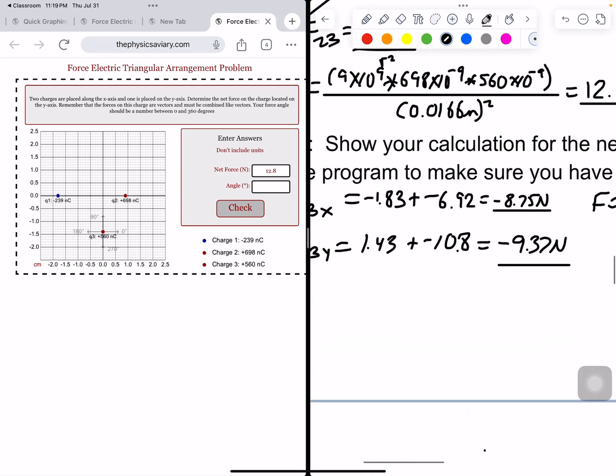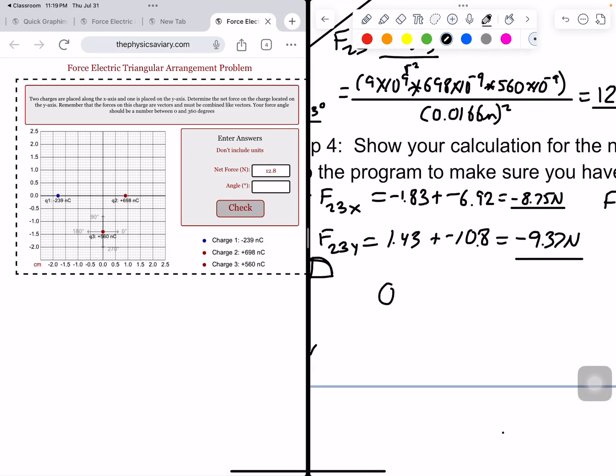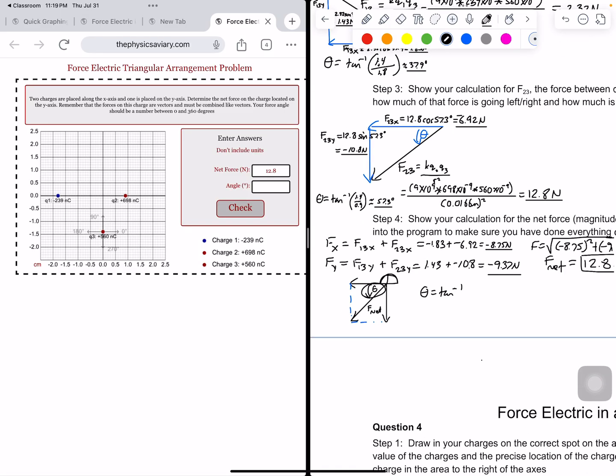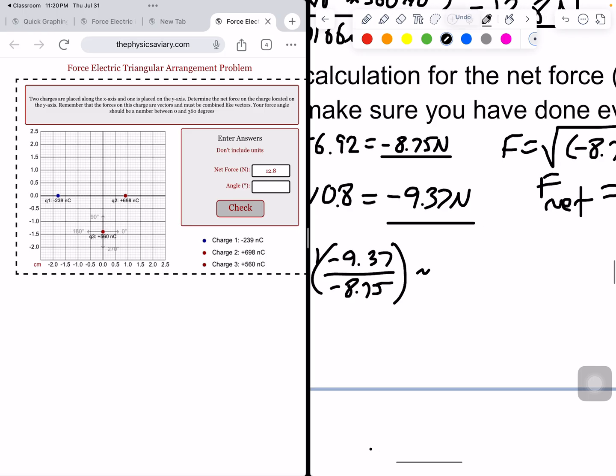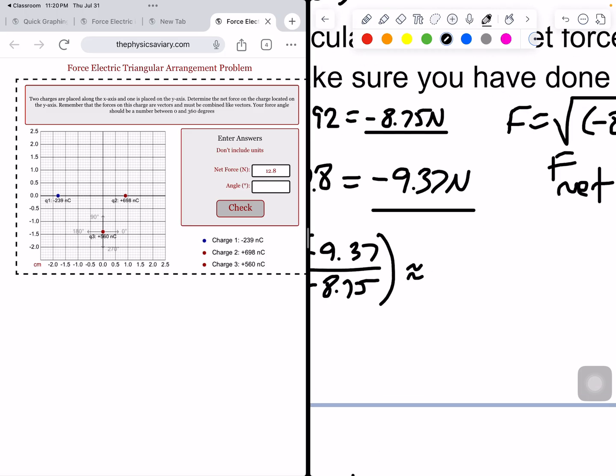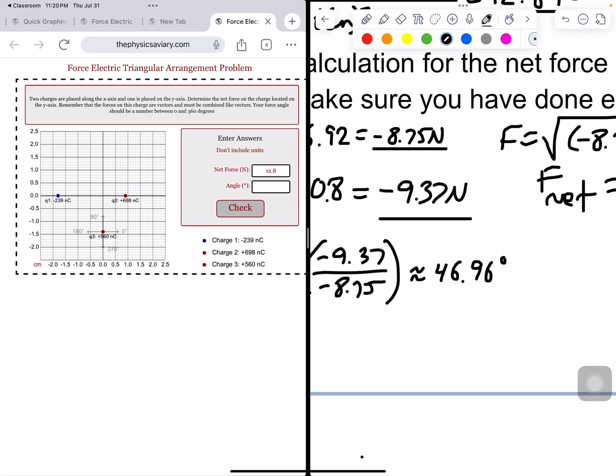To get the direction, we're using the arctan formula again. So it is the arctan of the y component, negative 9.37, over the x component, negative 8.75. 9.37 over 8.75, take the arctan of that, and we're looking at about 46.96 degrees.